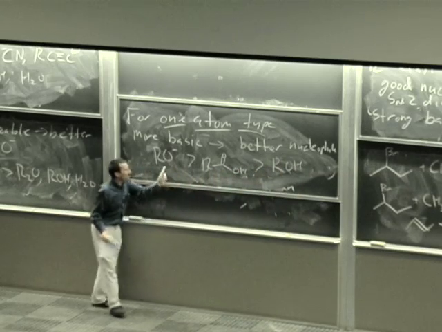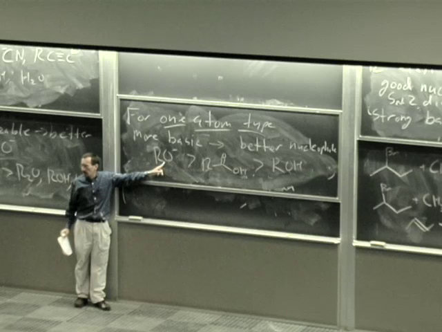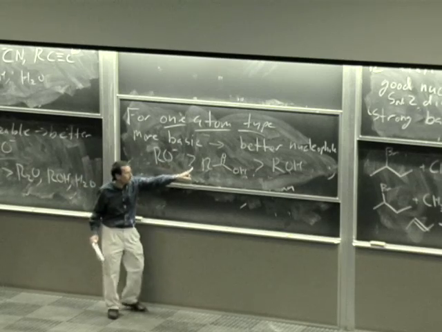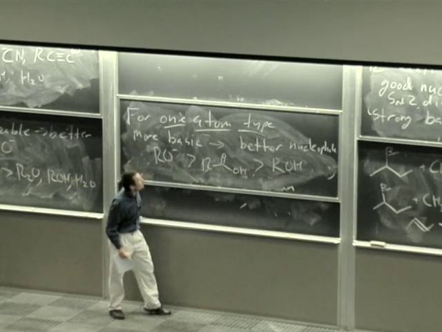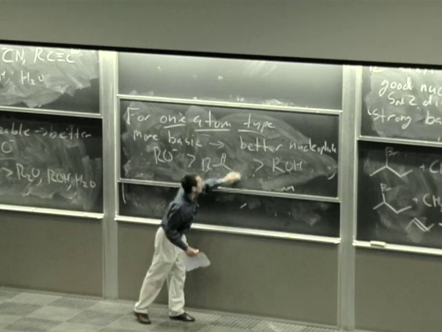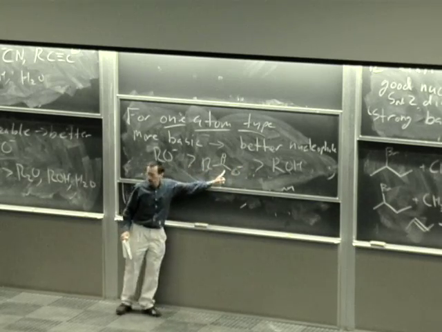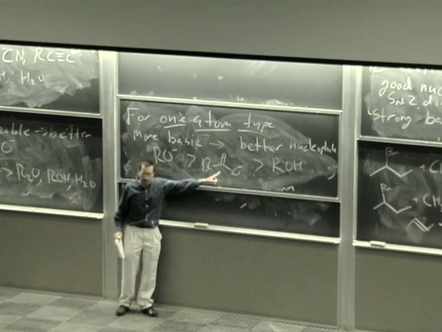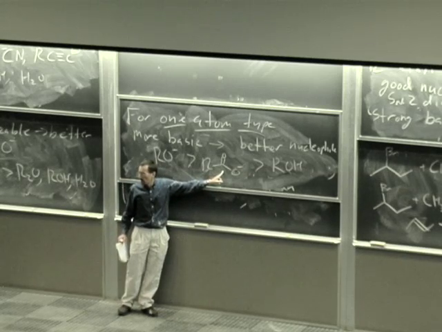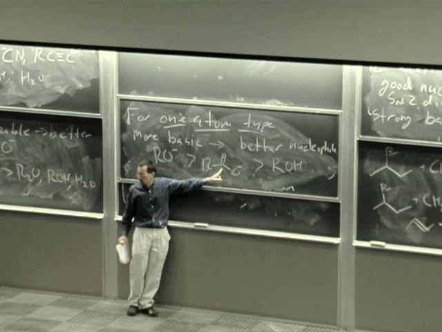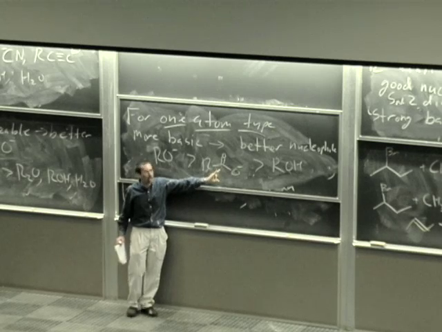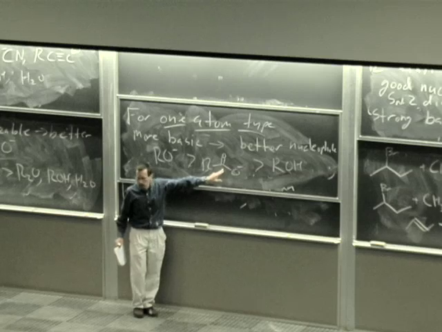The pKa of the conjugate acid of an alkoxide, of an alcohol, is about 17, so alkoxide is more basic than, that's supposed to be carboxylate, O-. The pKa of the conjugate acid, carboxylic acid, is about 4 or 5, so that's about 13 orders of magnitude less basic.